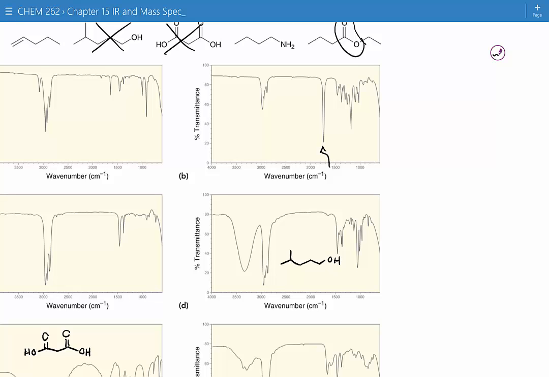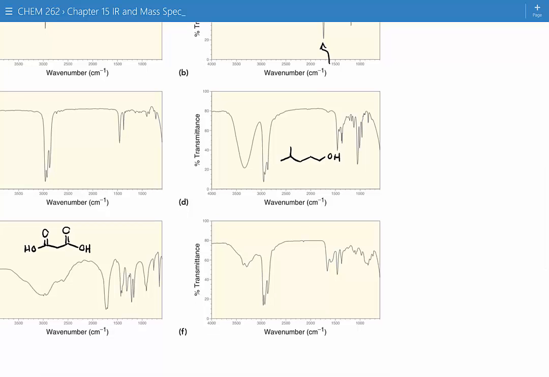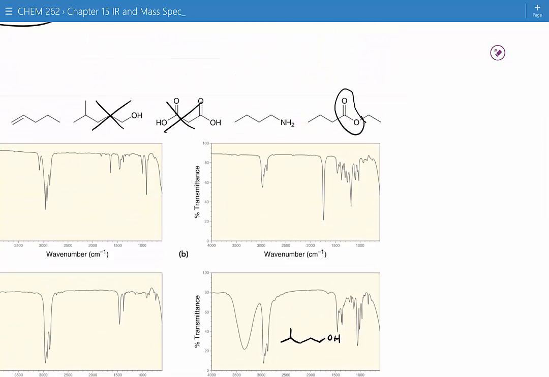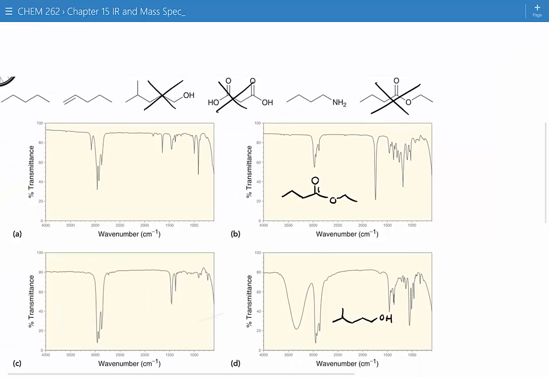If we look at any of the other ones, there's not really a strong peak there. If you look at the one below it, same thing. If you look at this one down here, it's a pretty weak peak. It's not a strong peak, so it looks like our ester is probably going to be this one. So we'll fill this in, and we'll cross it out.